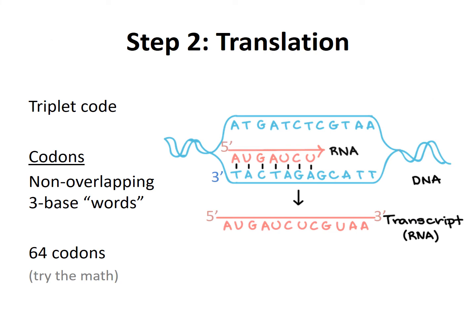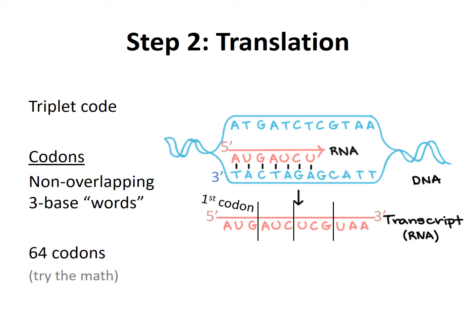Translation requires a triplet code, and we call these triplets codons. They're like words contained in the RNA molecule. So the RNA is split into chunks of 3 letters.